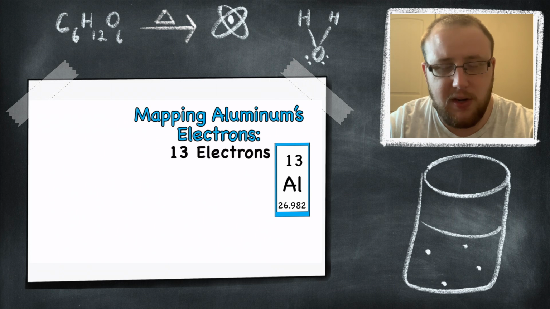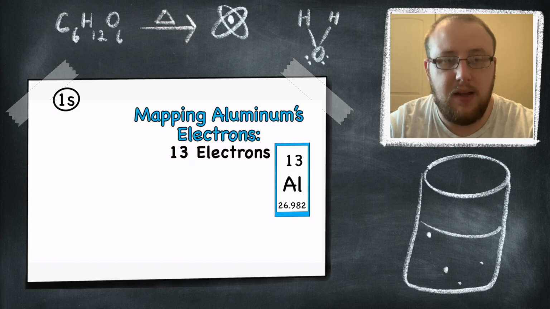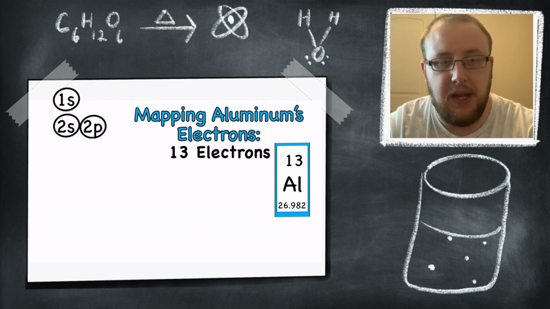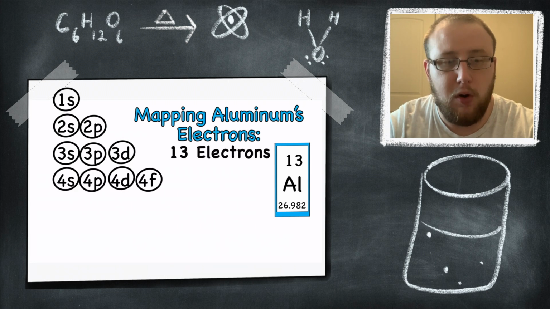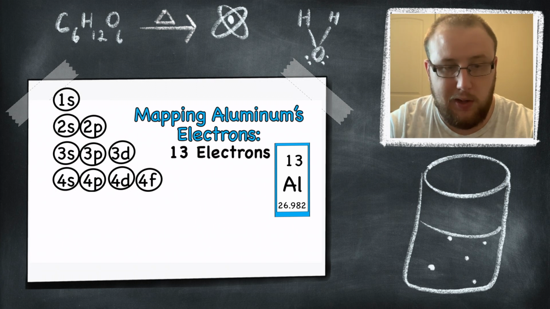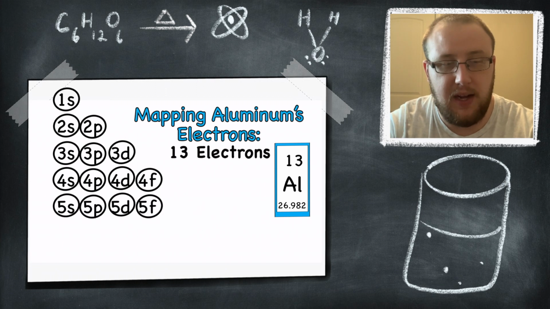Okay, so we start out with this diagram at the very top with 1s. Then we go straight underneath it and go 2s and 2p. Then the next row down we do 3s, 3p, 3d. And the following row underneath it, 4s, 4p, 4d, and now 4f. Following row underneath that, 5s, 5p, 5d, 5f.